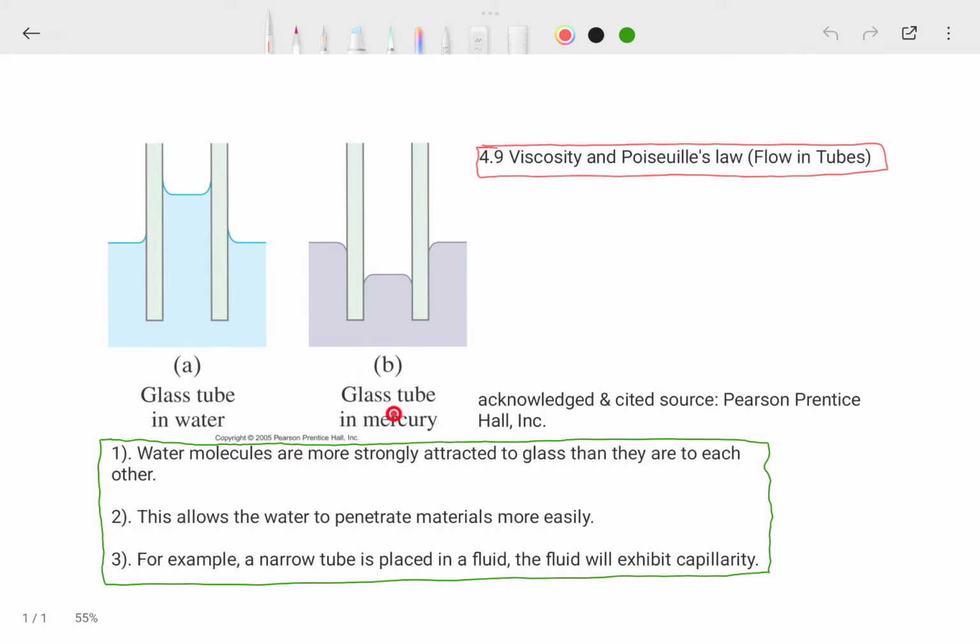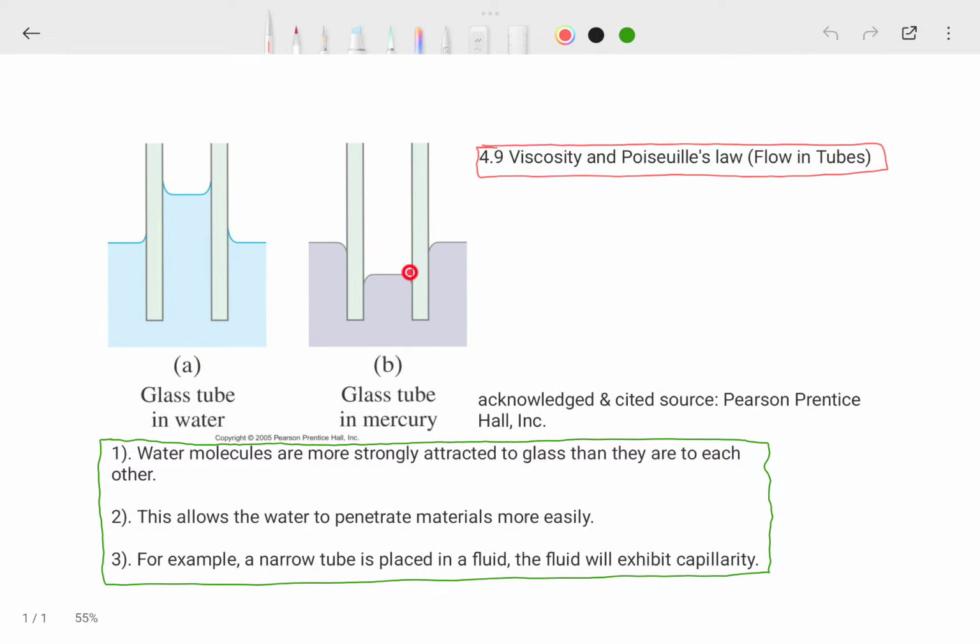So both are different solutions, with different viscosity values respectively. What we can explain from both diagrams is that water molecules are more strongly attracted to glass than they are to each other.